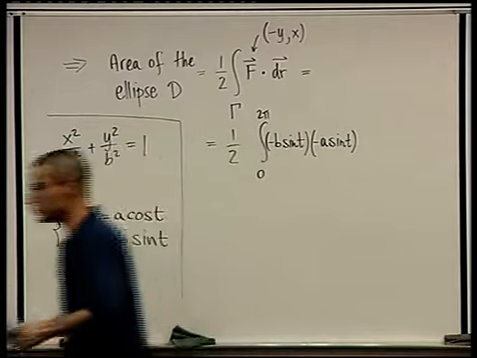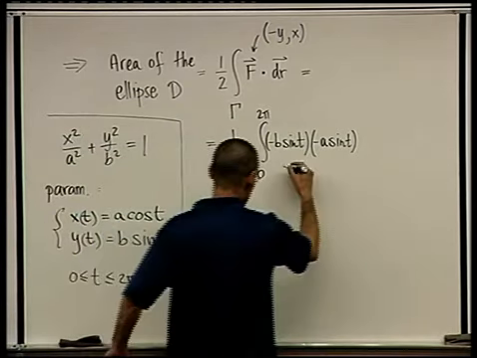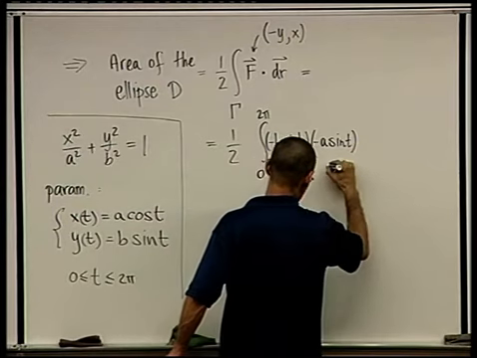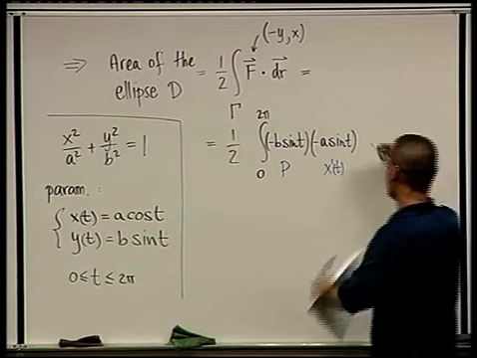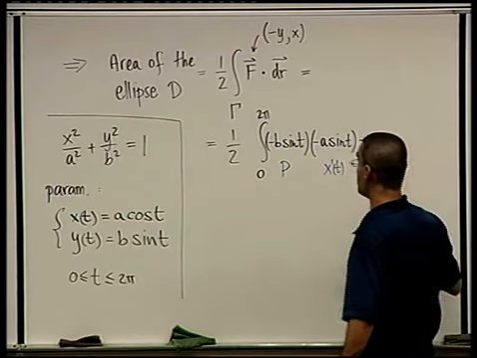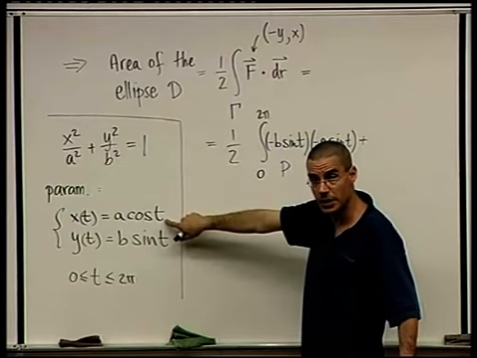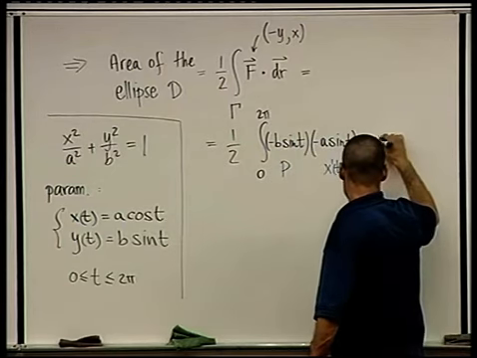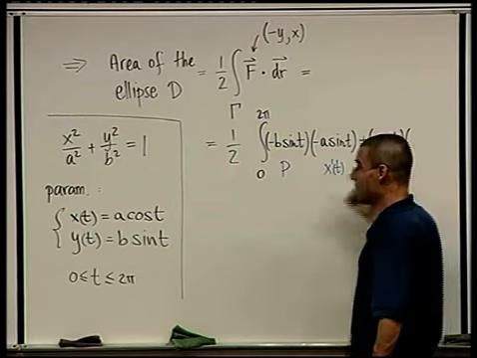So let's clarify all these things. This is P, and this is x prime of t. Plus Q. Q is x. X is a cosine t on the parametrization. A cosine t times y prime.